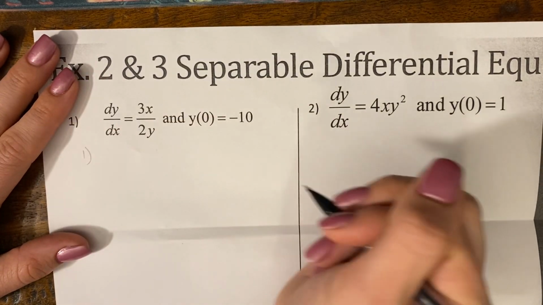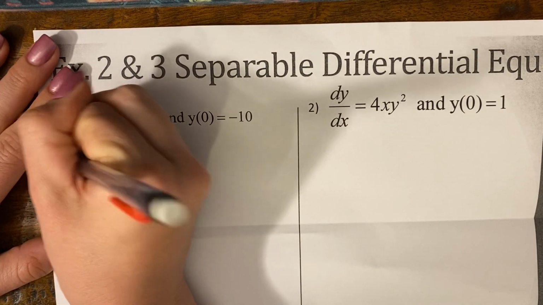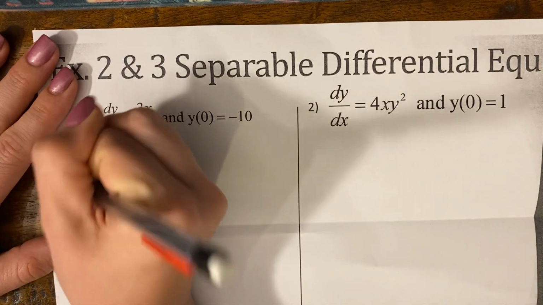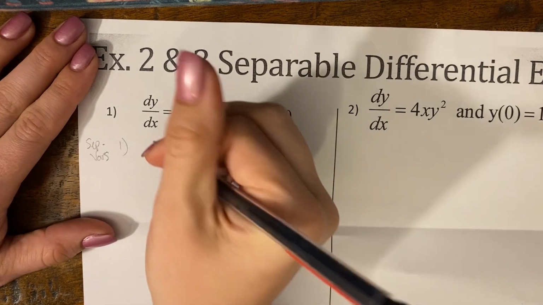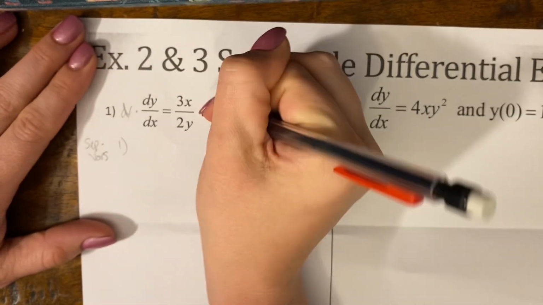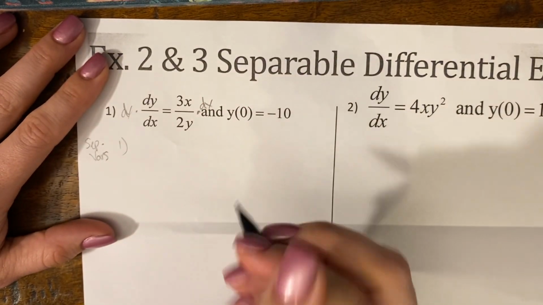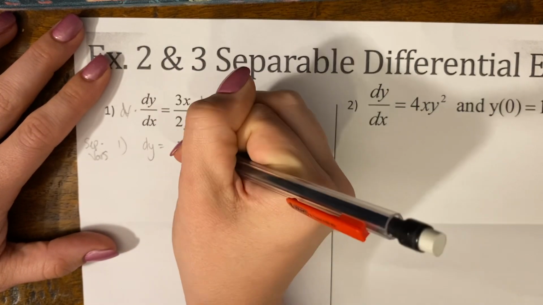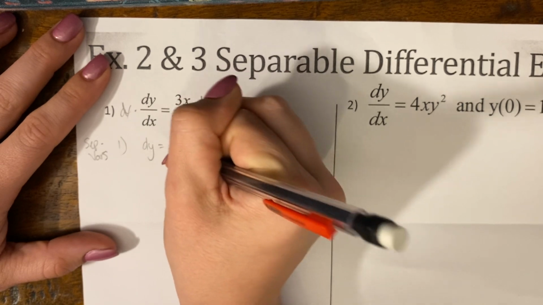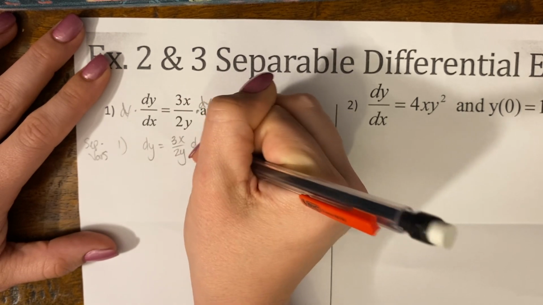So 1 is separate variables, or we'll just write separate vars to jog our memory. I'm going to multiply by dx on both sides. Sometimes you'll be able to do this in 1 step, but I'm going to take 2 steps. 3x over 2y dx.